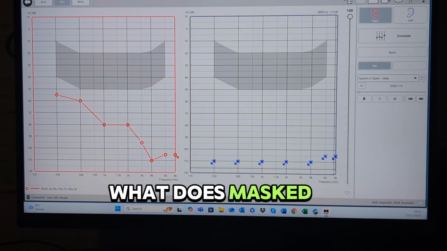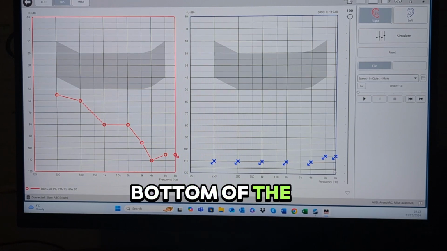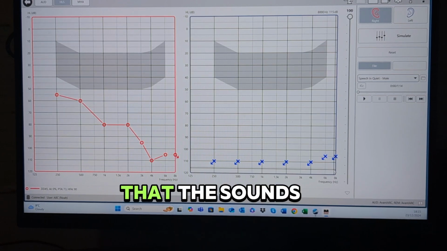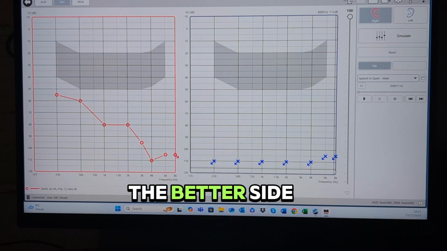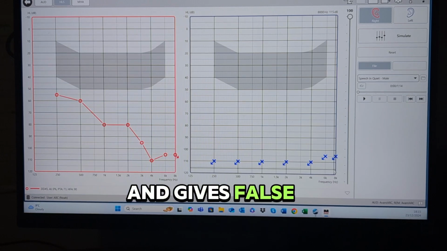What does masked testing mean? Well, if you can imagine that at the bottom of the chart there, the volume is so intense, it's as loud as a plane. So at one point when we do the test, we are aware that the sounds will cross over to the better side where they can hear better, and that muddies the water and gives false results.